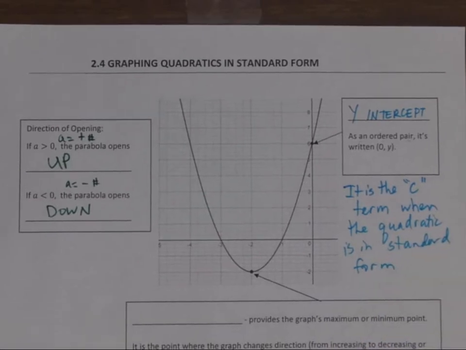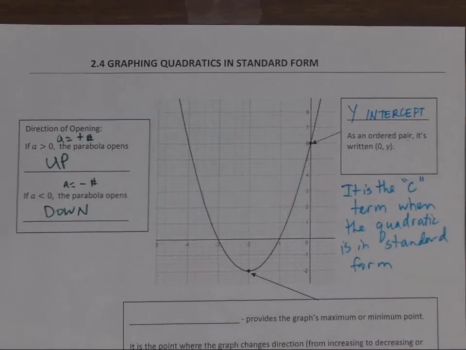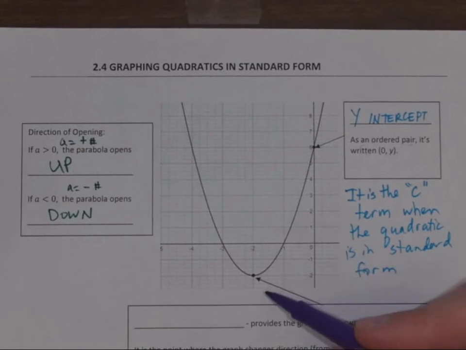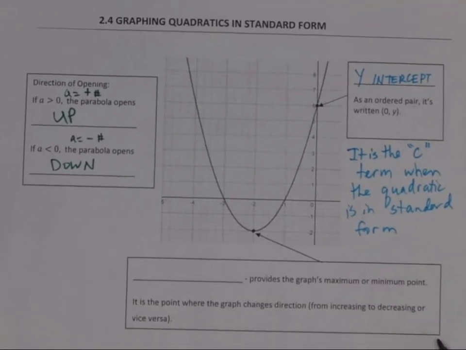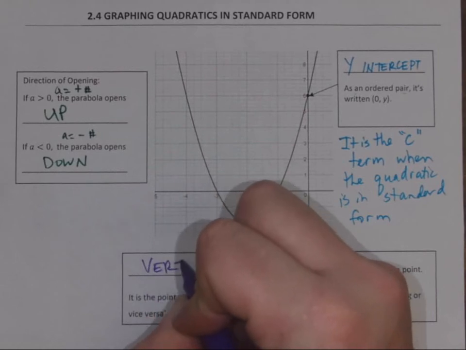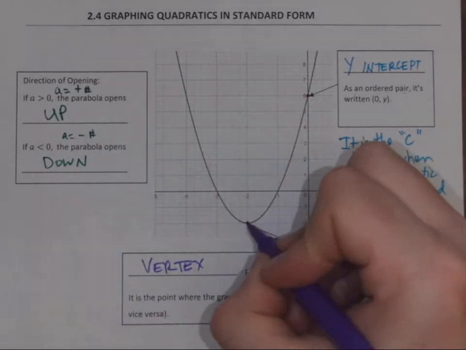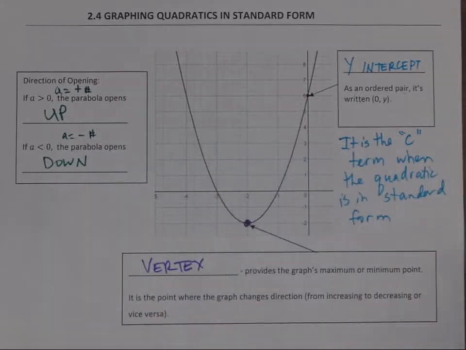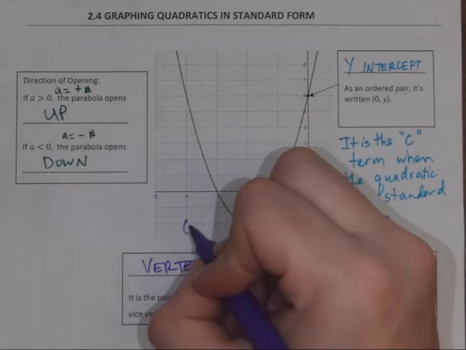Now the point we didn't talk about is this middle point, the max or the min. That middle point is called the vertex. Right there. It's still a point. In this case, (-2, -2).